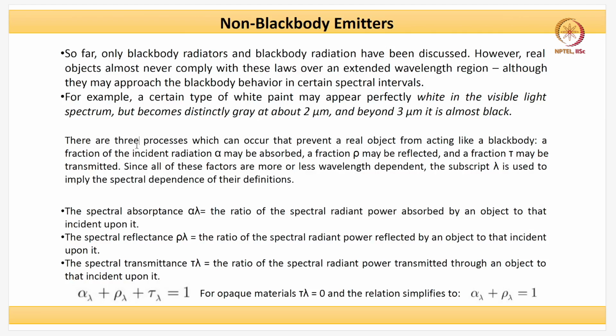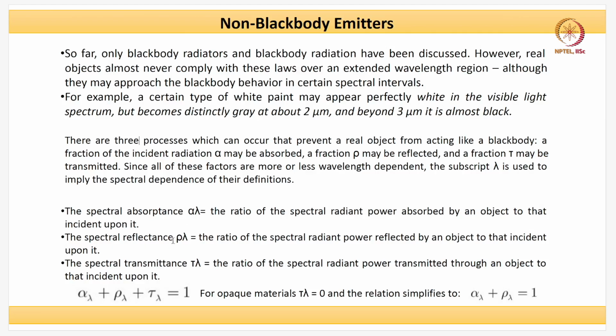Since all these factors are wavelength dependent, we use a subscript lambda to imply a spectral dependence in their definitions. For example, the spectral absorptance, alpha lambda, is the ratio of the spectral power absorbed by a body to the total power incident on the body.